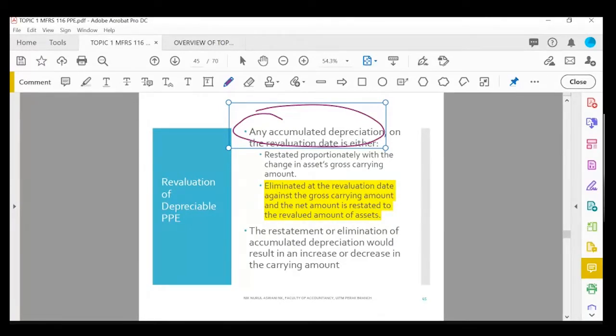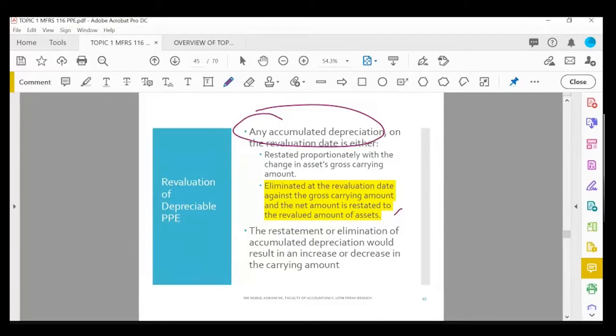You tolak against the gross carrying amount. Against the gross carrying amount meaning that kita akan tolak di dalam account asset as well. You are going to remove from your accumulated depreciation account, and the double entry is to remove also from the asset account, and then the net amount is restated to the revalued amount of the asset.